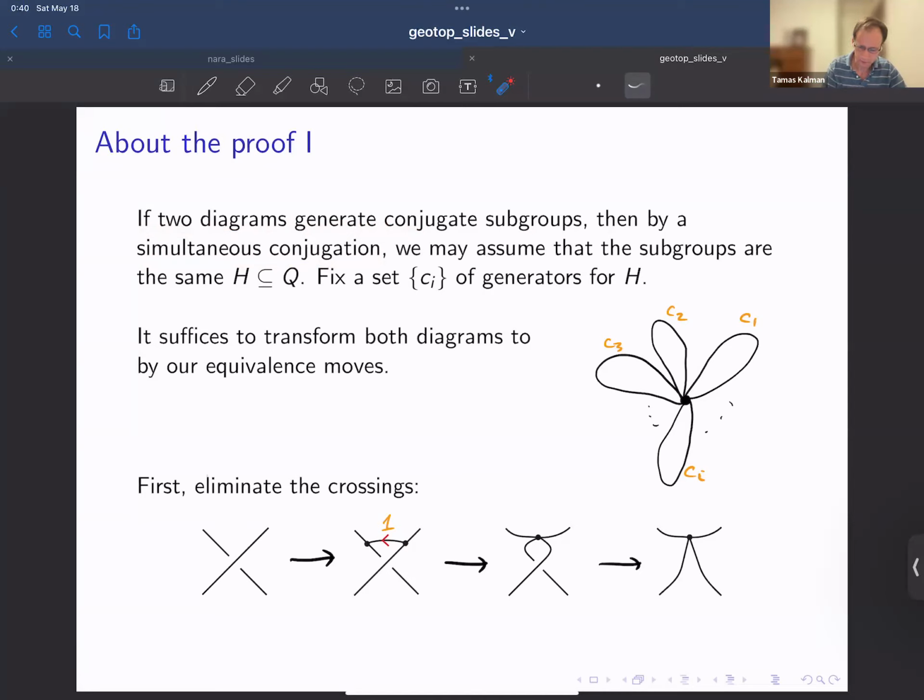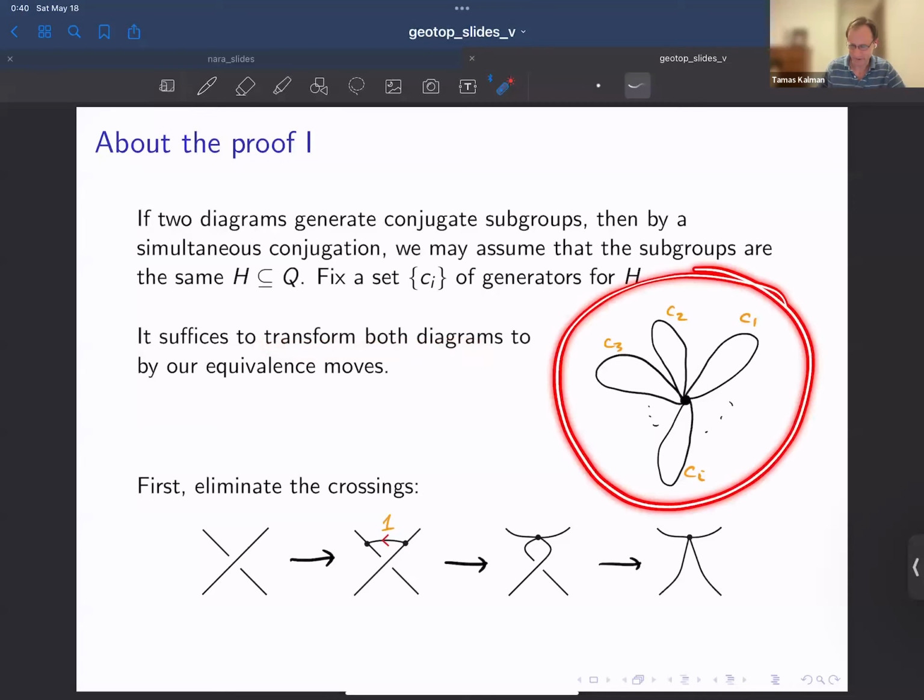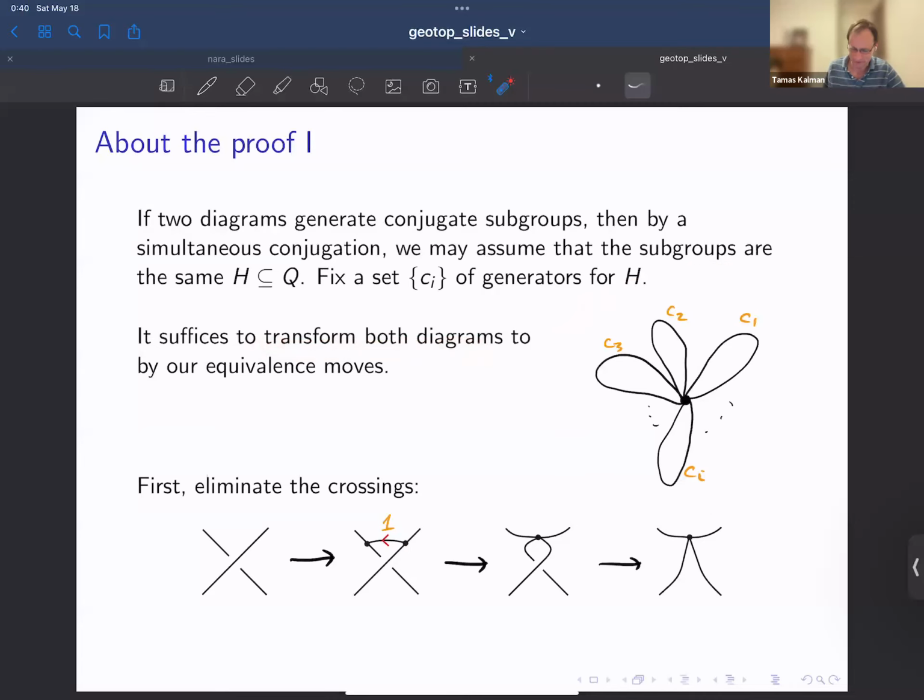And let me also fix a set of generators for this group H. And then it will suffice for me to transform both of my diagrams to this funny thing. I realize that this is just a mathematical abstraction here. This is not something a physical system would look like, with these extremely many defects coming together in the same point.